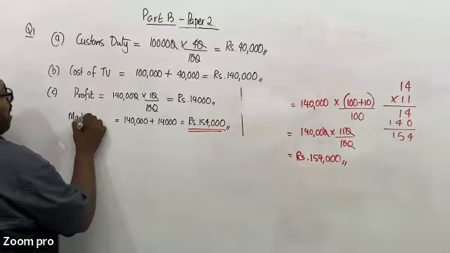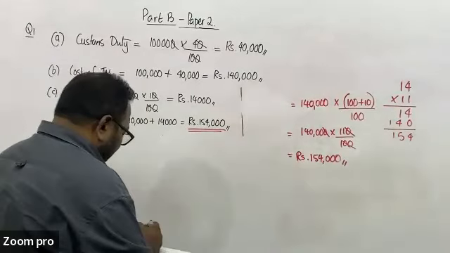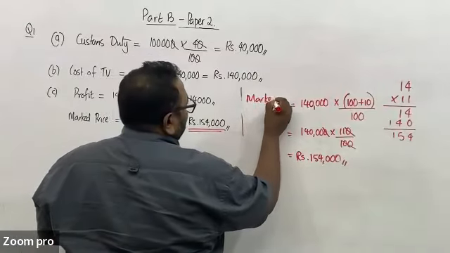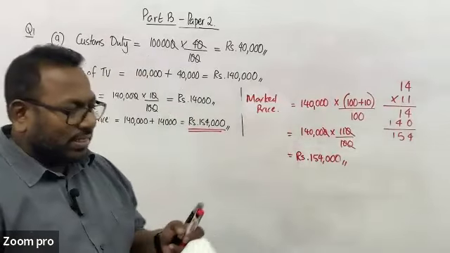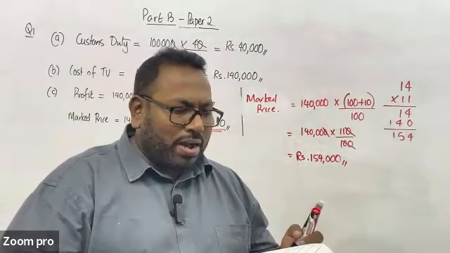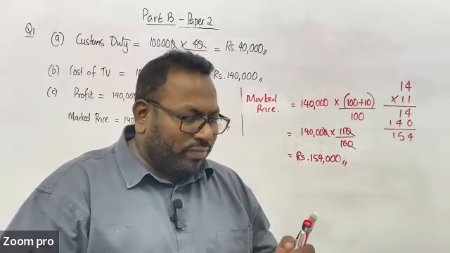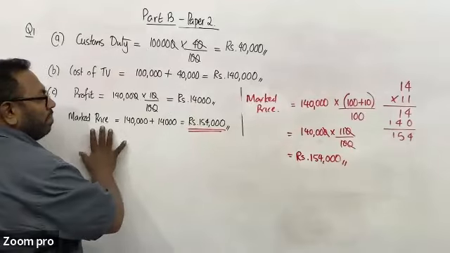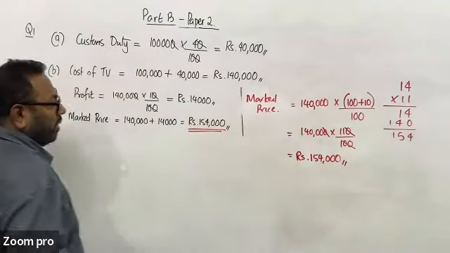So we'll call this the mark price. Right? Now what they're saying is on the mark price, they're giving a 5% discount. Then what will be the new selling price? That's why I changed it from selling price to mark price for the first one.